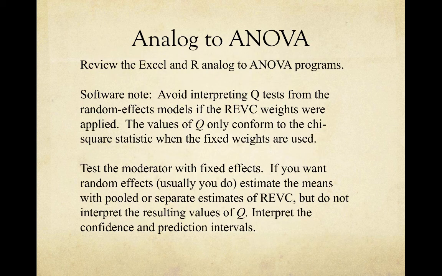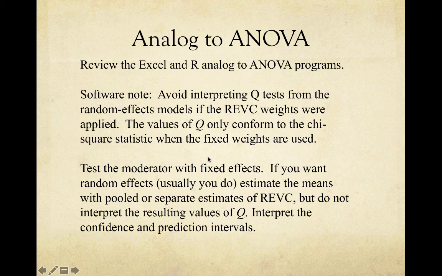Okay, analog to ANOVA. Review the Excel and R analog to ANOVA programs. Here's where you go and look at the video on the moderators and see what it says. You should avoid interpreting Q-tests from the random effects model if the random effects weights were applied.